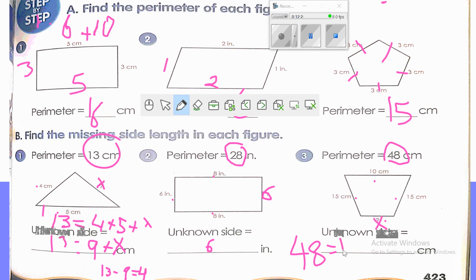So it's 10 plus 15 plus 15 plus x. 15 and 15, 30, 30 and 10, it will be 40. So 48 equals 40 plus x. What number am I adding to 40 to make it 48? Excellent, it's 8. Now let's go to the next.